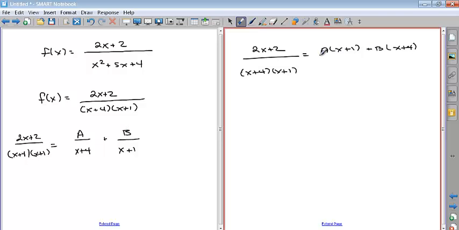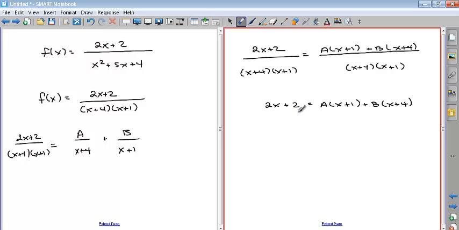And then the denominator is just the product of the two denominators. So you basically separate it apart, and then you put them back together. Now these have the same denominator. So to make this work, all we have to do is make sure the two numerators are equal to each other, and figure out what the values of a and b need to be to make that happen.